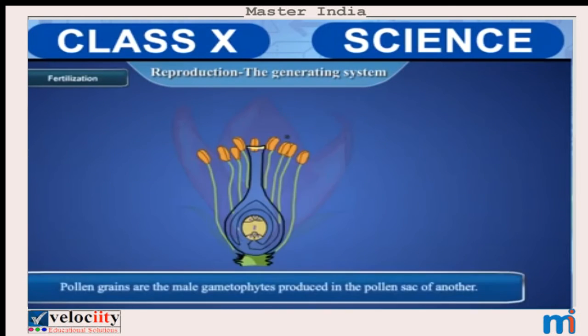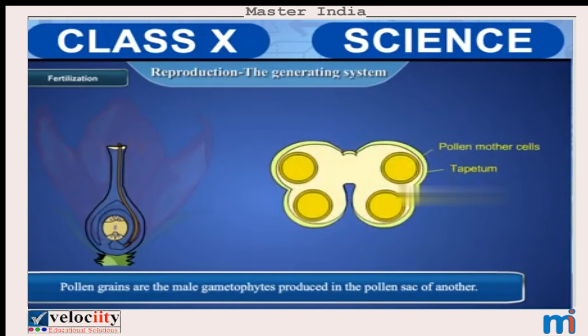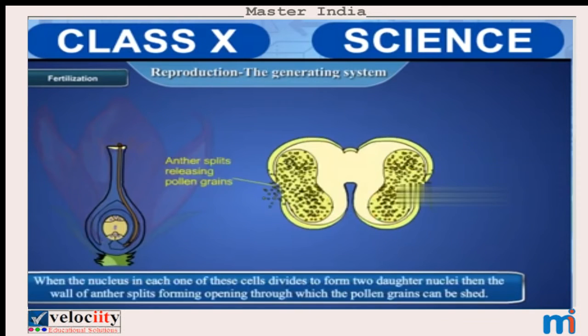Fertilization. Pollen grains are the male gametophytes produced in the pollen sac of the anther. When the nucleus in each one of these cells divides to form 2 daughter nuclei, the wall of the anther splits, forming an opening through which the pollen grains can be shed.